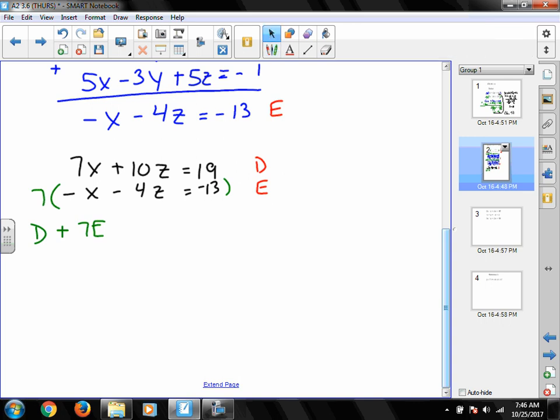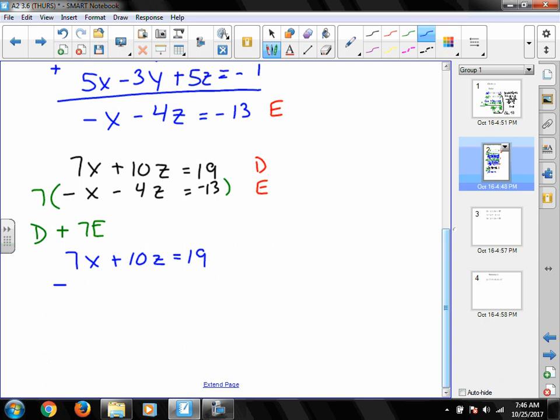So my problem becomes 7x plus 10z equals 19. Equation E becomes negative 7x minus 28z, and that's going to equal negative 91.